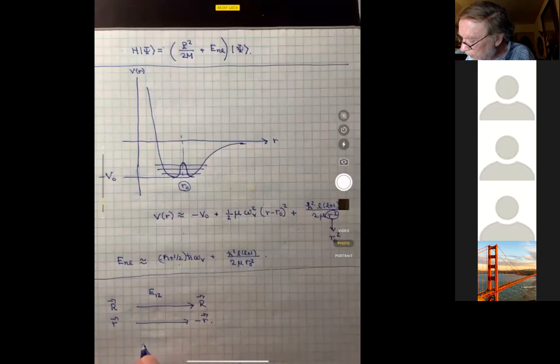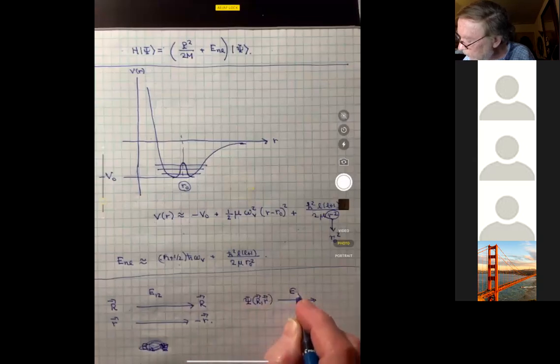And this tells us that E12 acting on a wave function psi, let me write it this way. If I have the wave function psi of capital R and lowercase r, and I apply the exchange operator to that, this is going to go into psi of capital R and minus lowercase r.